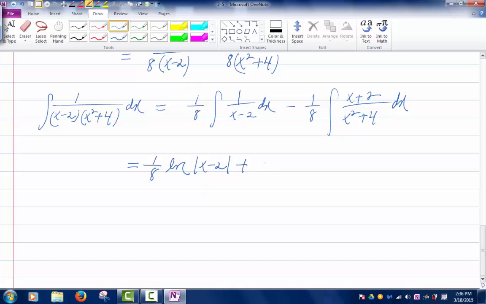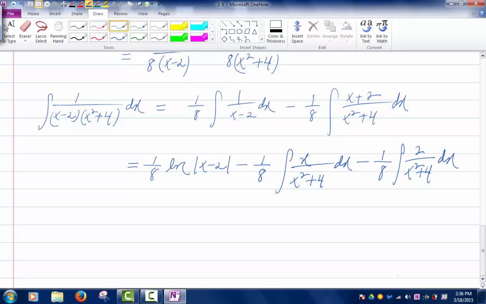The second one I actually have to break up into 2, so I'm going to get x over x squared plus 4 dx minus 1/8 of 2 over x squared plus 4 dx. And I guess you can factor out that 2, and you're going to get 1/4.